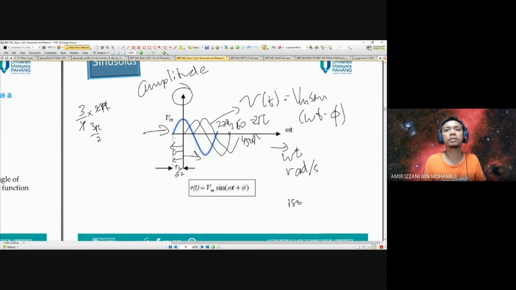So the shift here is pi over 2. Understood?